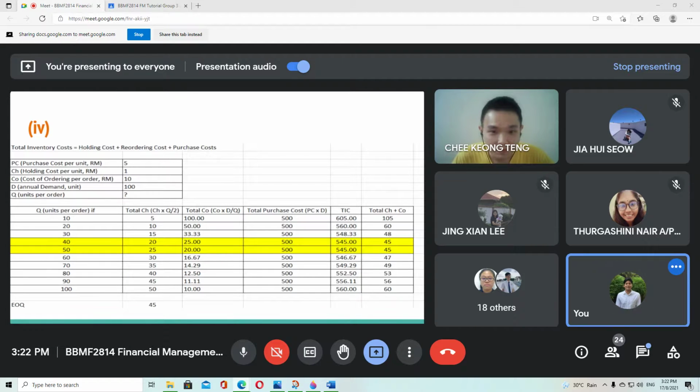So if we order the units in these 10, 20, 30, 40 and so on, we'll get different total inventory costs. So the lowest of them all is by ordering 40 to 50 units per order.